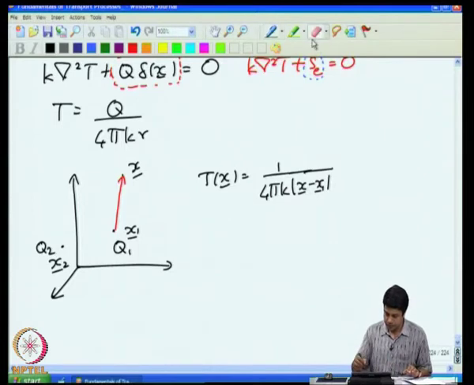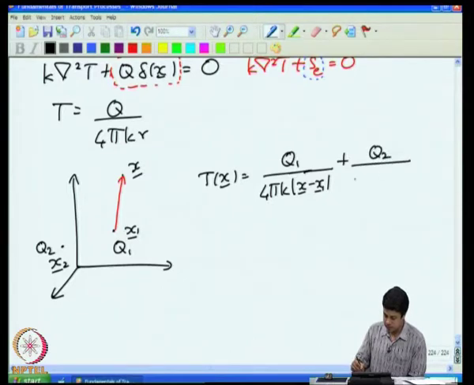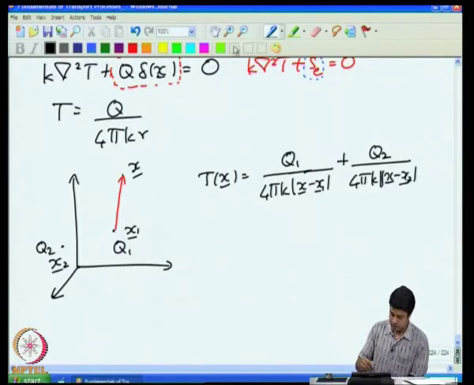The temperature field due to the source of strength q1 at x1 is equal to q1 divided by 4 pi k into the modulus of x minus x1. I have another source of strength q2 at x2. That means that the temperature field due to that is just q2 by 4 pi k into the modulus of x minus x2. Note the modulus here in these 2 cases. This is the distance between the 2 locations.